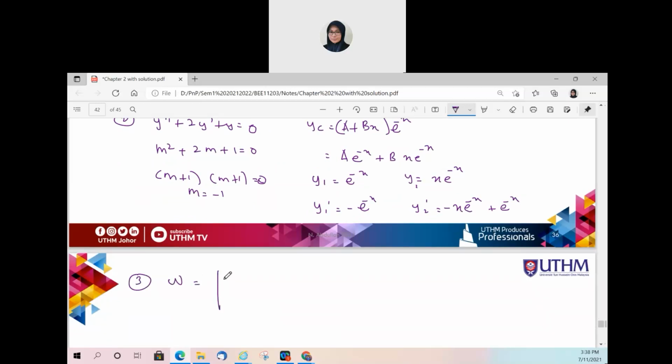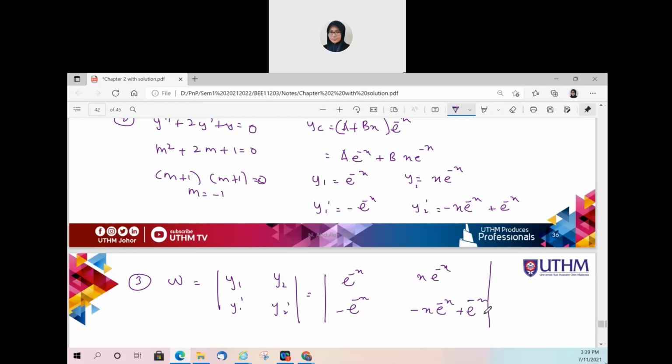Then you can find your W. W equals to y1, y1 prime, y2, y2 prime. Okay, equals to y1 is exponent minus x, y1 prime is minus exponent minus x, y2 is x exponent minus x, y2 prime is minus x exponent minus x plus exponent minus x.